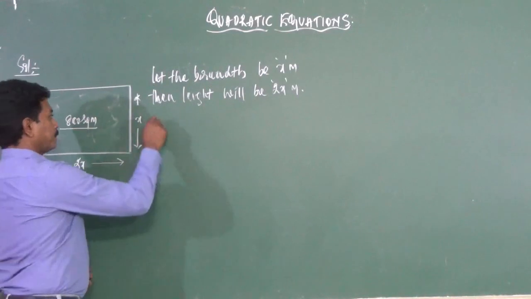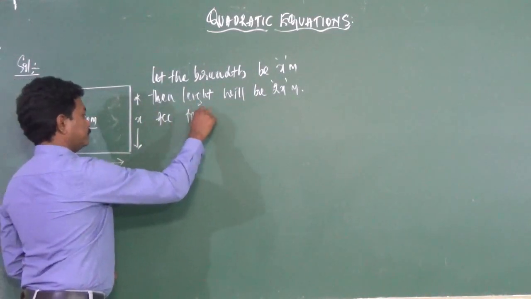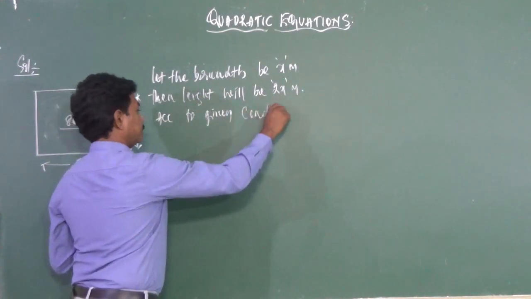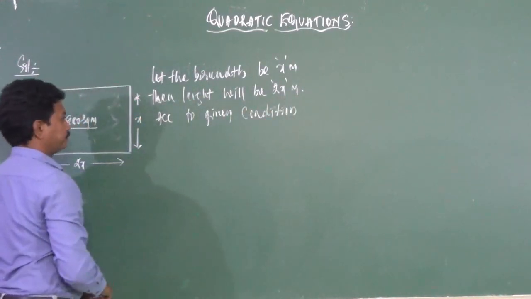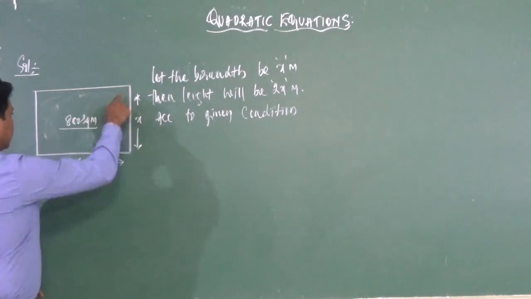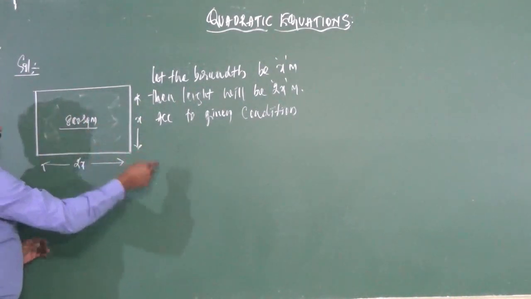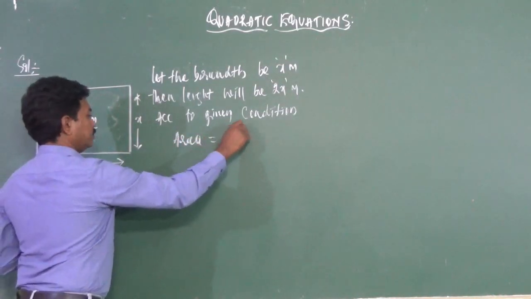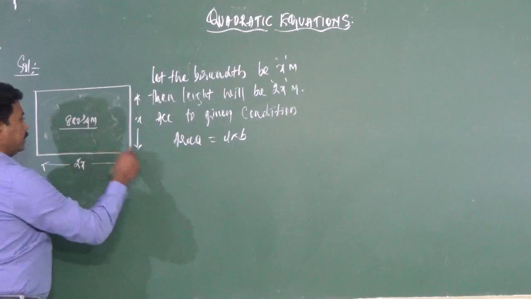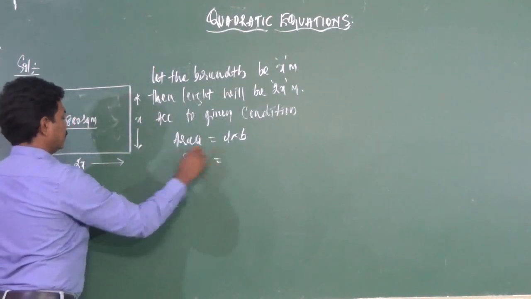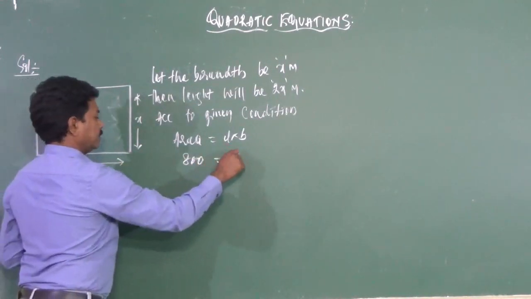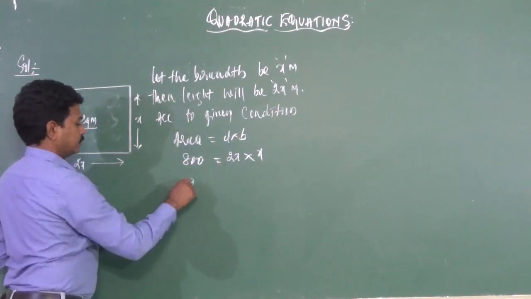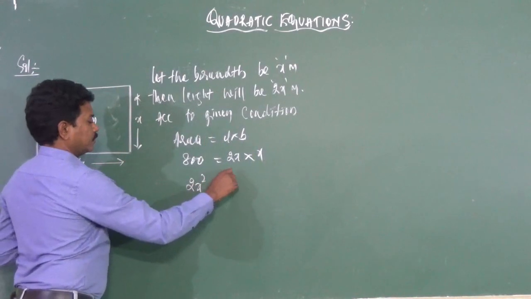According to the given condition, the area of this rectangular field is 800 square meters, which can be written as area is equal to length into breadth. So 800 is equal to length 2x into breadth x. So 2x into x is 2x square is equal to 800.